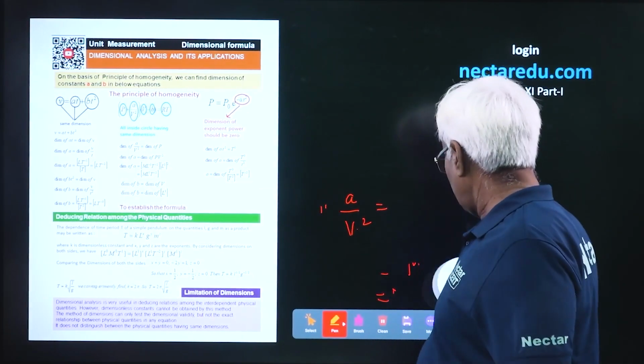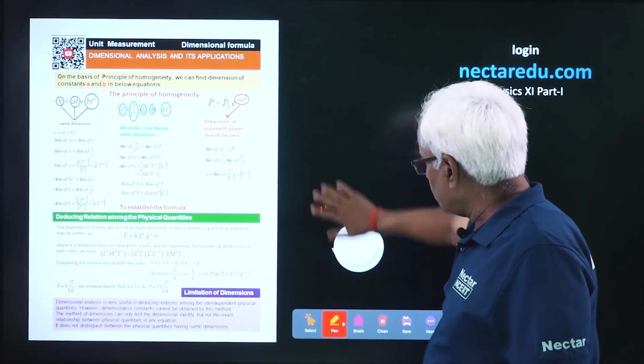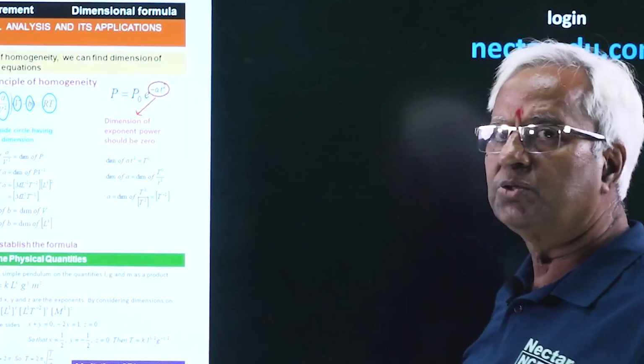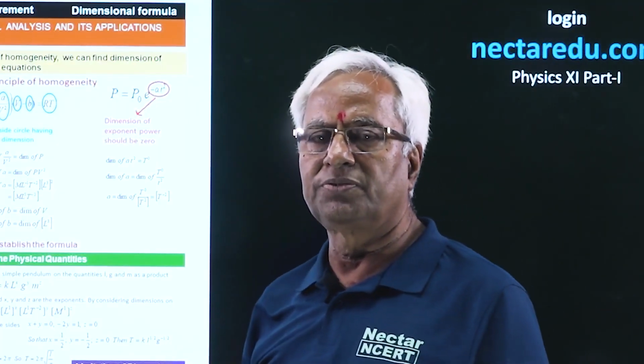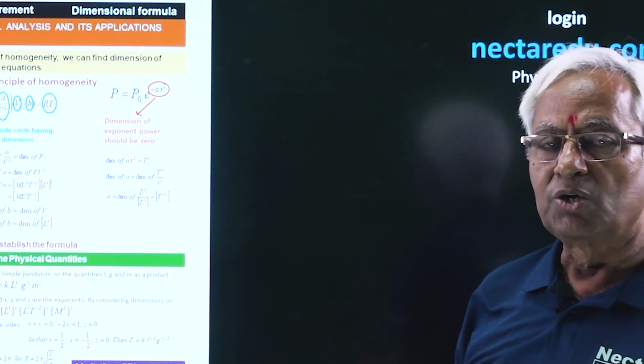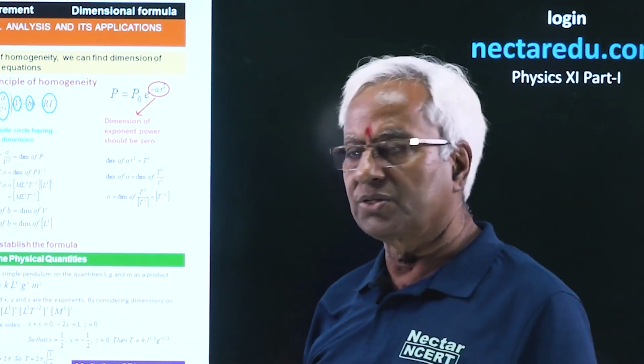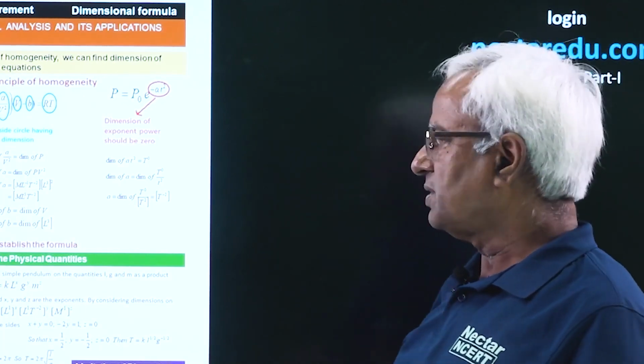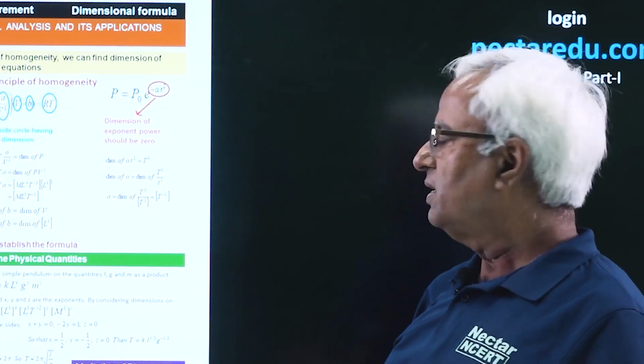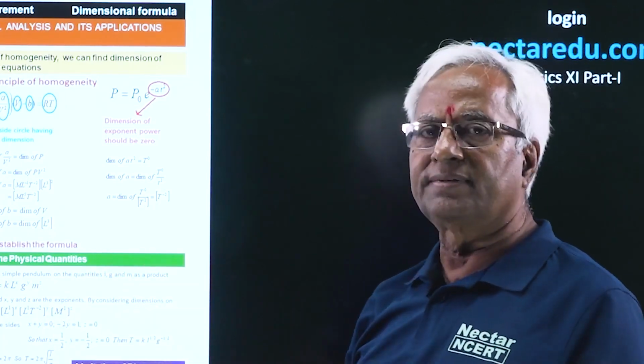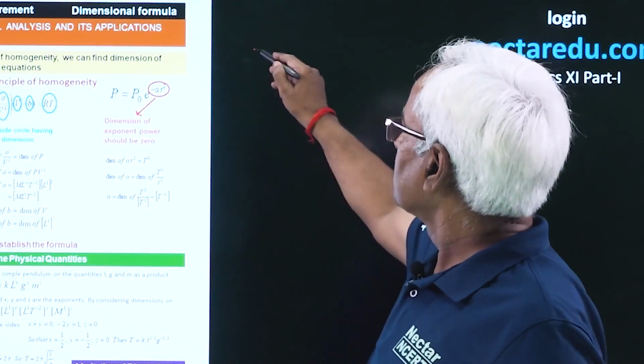Now, dimension is basically used for two important purposes. One is to check the correctness of an equation, and the second is to establish a relation. Here, we have considered one example for establishing the relation.